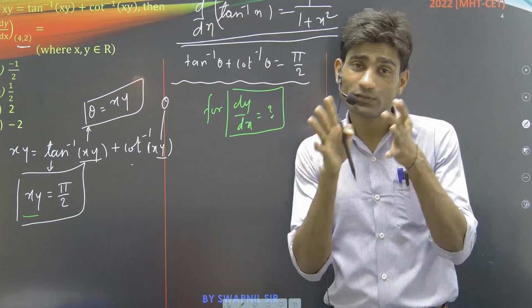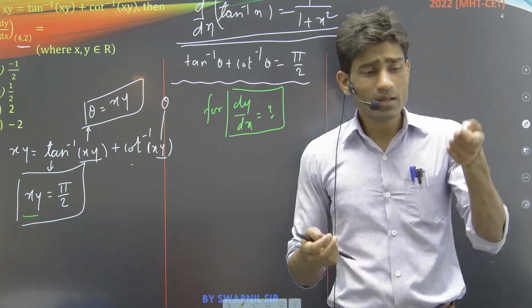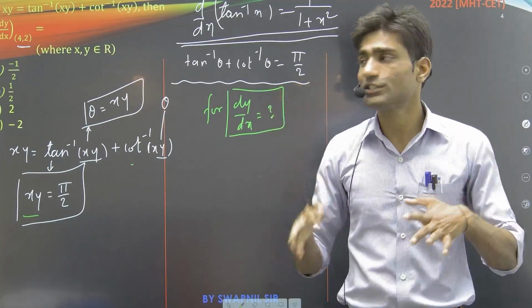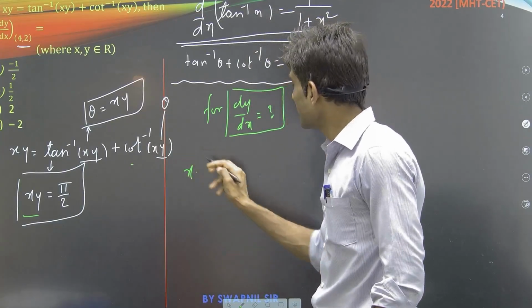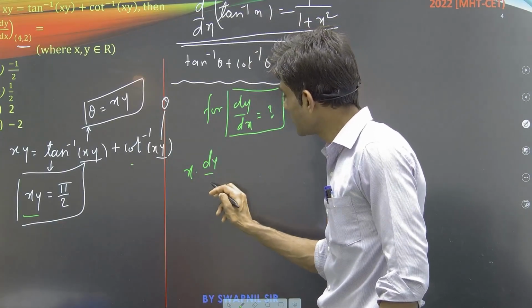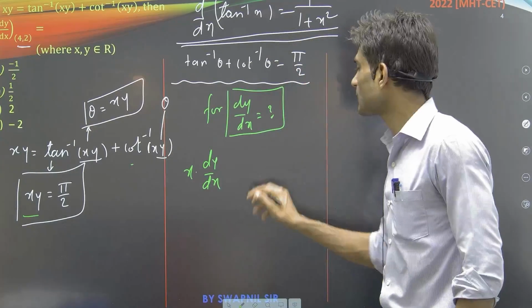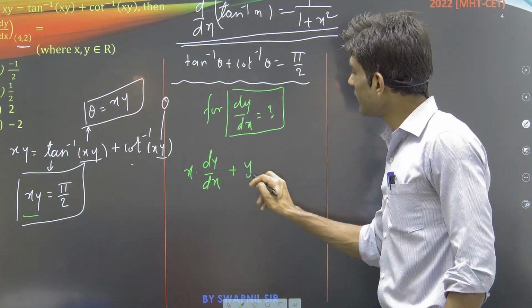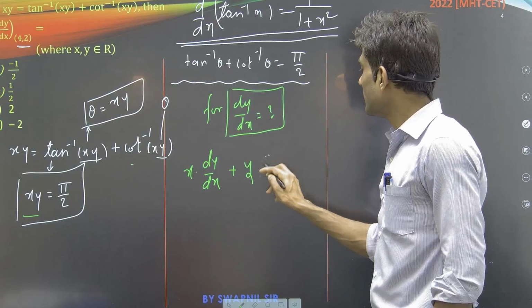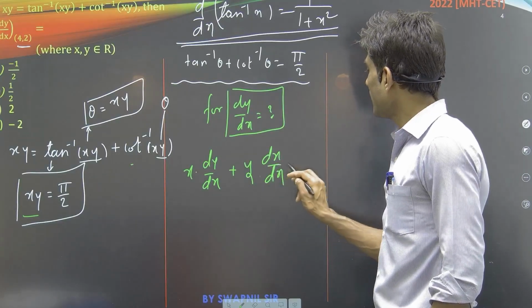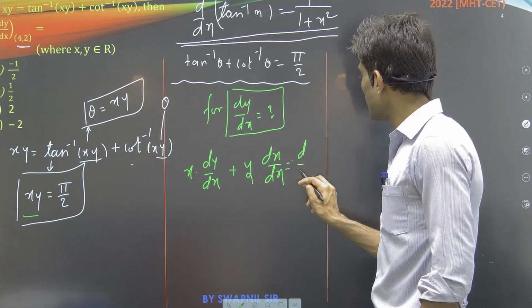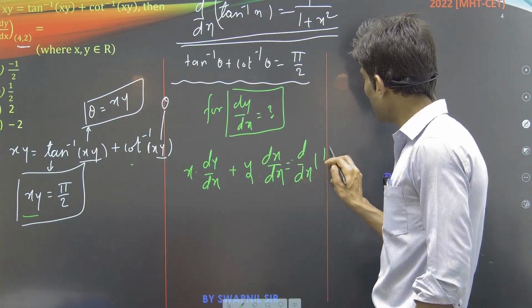So consider the first function as it is, into the differentiation of the second, plus the second function as it is, into the differentiation of the first. That means x into dy with respect to dx, plus y into dx by dx, and this equals d by dx of pi by 2.